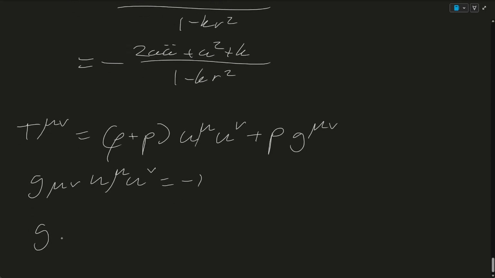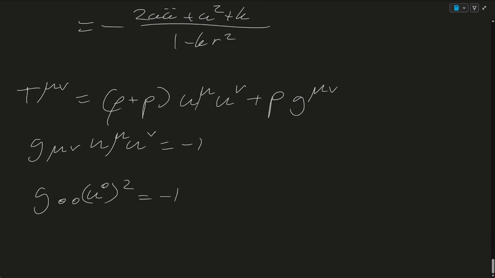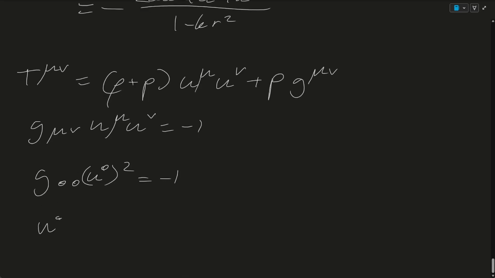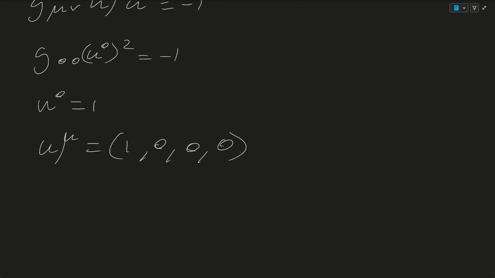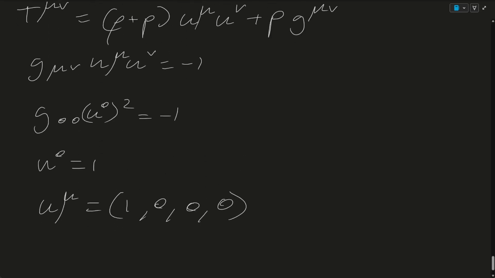This then gives that g00 (u^0) squared is equal to minus 1. So that's equal to minus 1, so u^0 equals 1. So u^mu equals (1, 0, 0, 0). And then we ought to lower it as well, so we can do that.